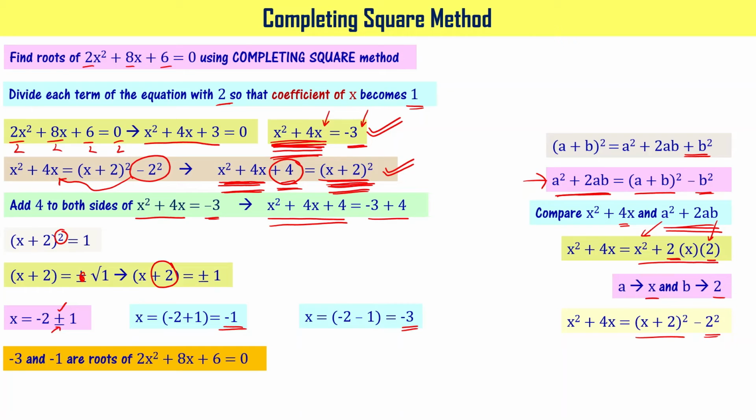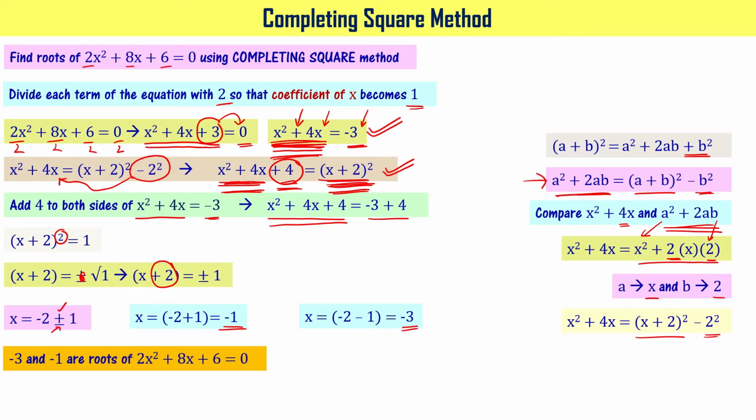You understood what we have done? We have written the given equation as x square plus 4x plus 3 equal to 0 first in the beginning, and then transposed this plus 3 to the other side, so that we could write it as x square plus 4x equal to minus 3, right? Then we tried to add something to both the sides of this equation such that LHS becomes a complete square.